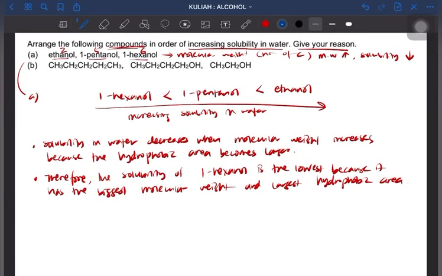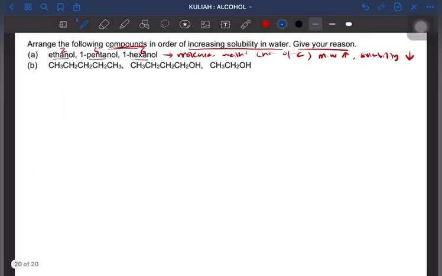Okey, sekarang kita nak tengok soalan B. So, kita pergi kat sebelah lah. Okey, untuk soalan B ni, kita nak tengok jenis compound dia. So, dekat sini kita ada 1, 2, 3, 4, 5. Kita ada pentane. Okey, dekat sini kita ada 1, 2, 3, 4. Dekat sini kita ada 1 butanol.